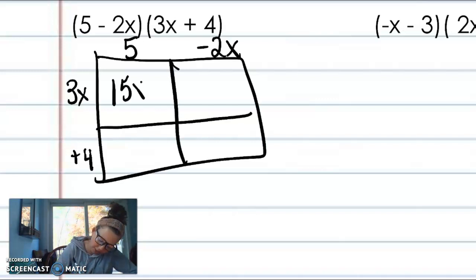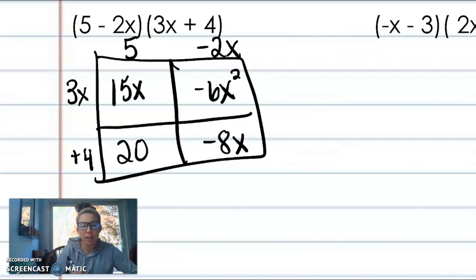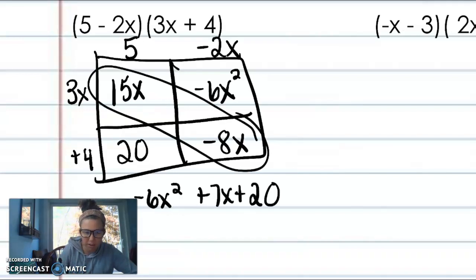So 3x times 5, which is 15x. 3x times negative 2x, negative 6x squared, 4 times 5, which is 20, 4 times negative 2, which is negative 8x. When we add up all of it, we're going to rewrite it in standard form. So we're going to start with the negative 6x squared, the 15x and the negative 8x we can combine for 7x, and then the 20 would be the last part.